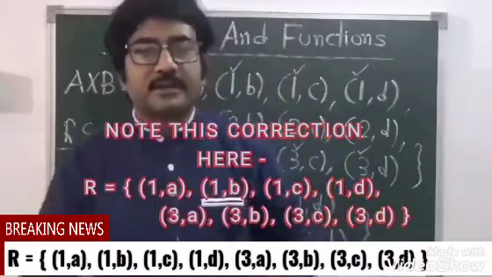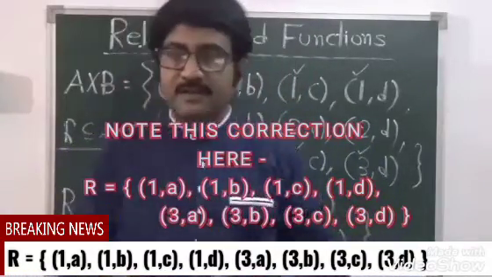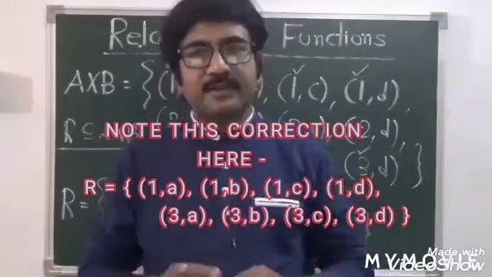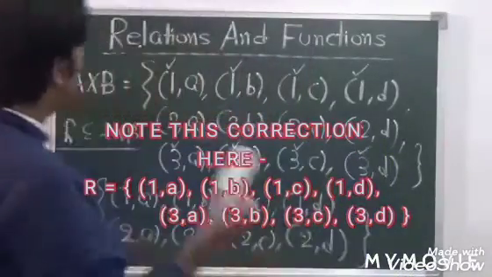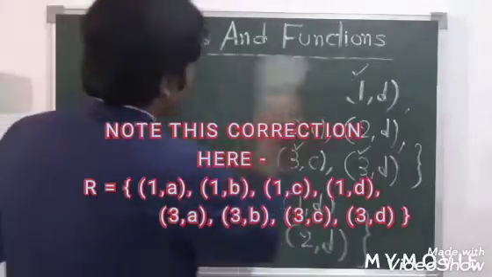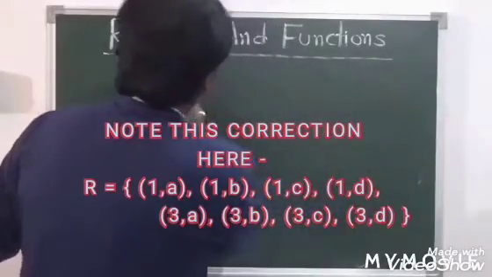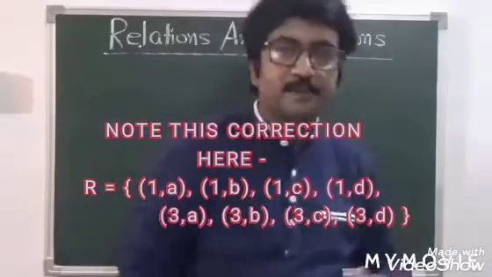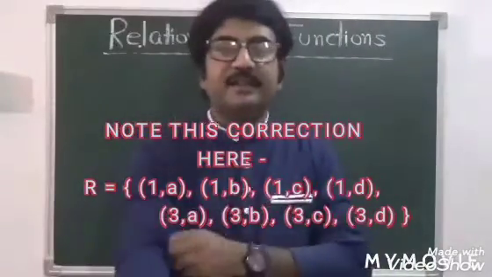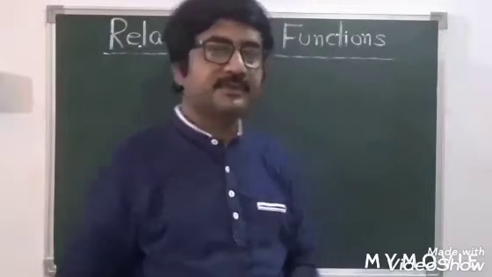Now, in order to understand domain, range and codomain for a given relation, let us take a quick example. Suppose I take set A as 1, 2, 3 and 5, and set B equals 4, 6, 9.